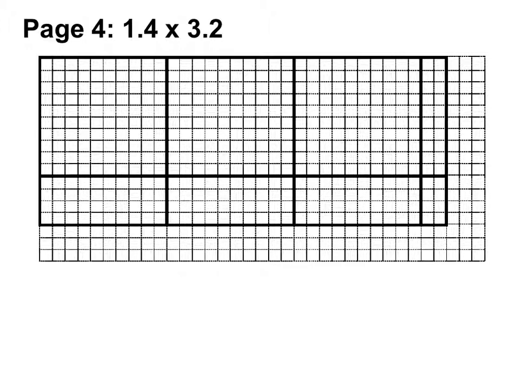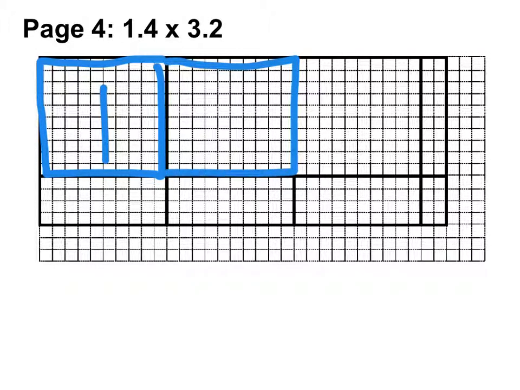Because of the way I did the bold lines, it's not too bad for me to figure out the area. So this is a 10 by 10 grid. 10 by 10, that's going to give me 1. And then I have another 10 by 10 grid, so there's another one. I have another 10 by 10 grid, so that's another one. Now, how you choose to count up the rest of it, there's lots of ways to do it.